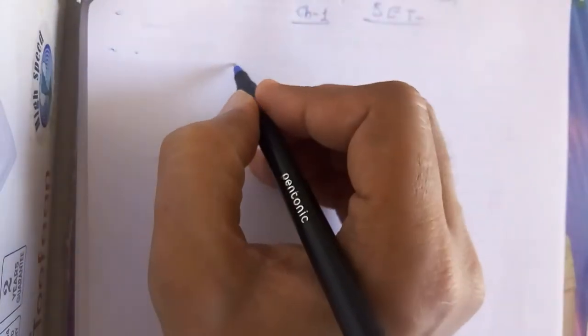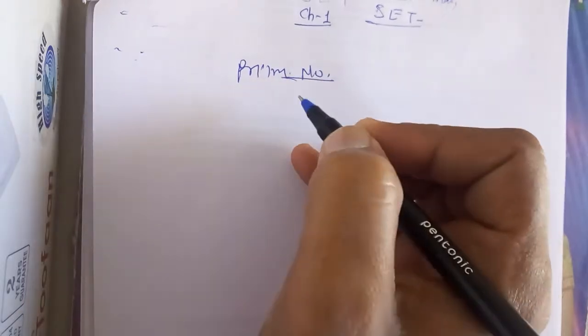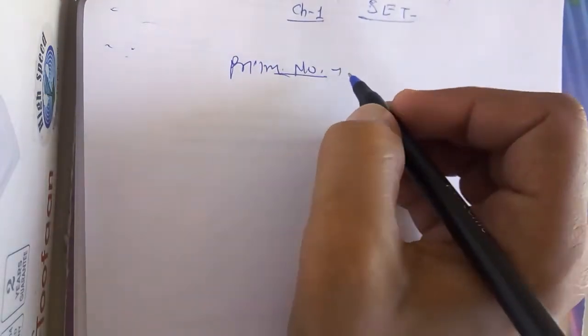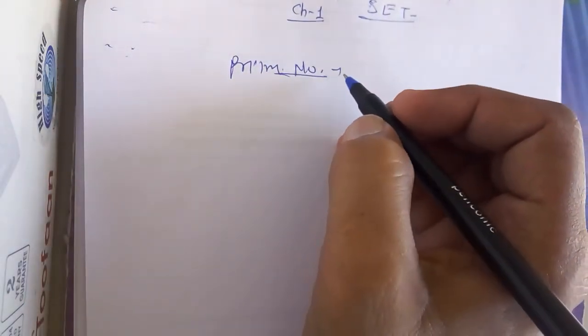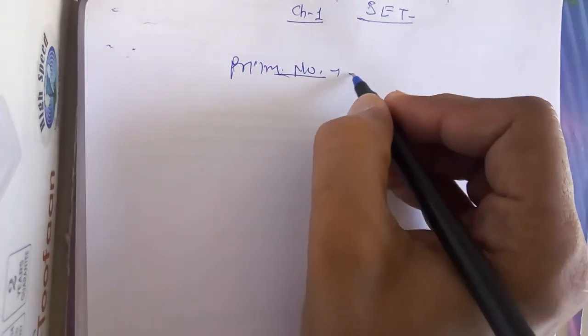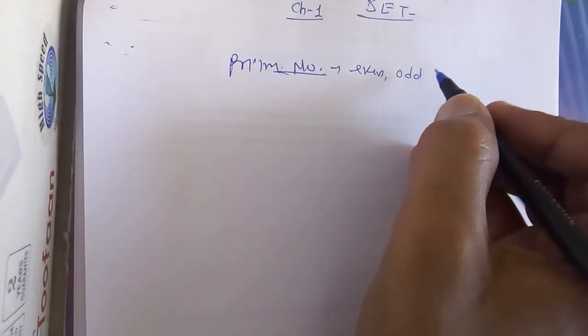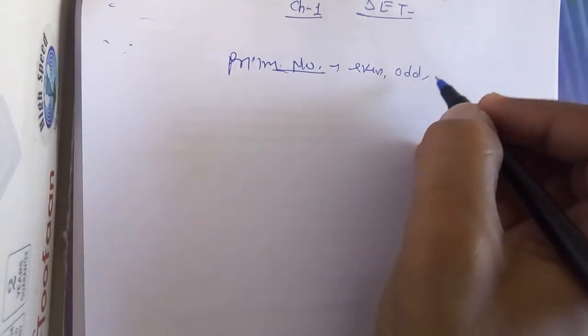And you know about the prime number. Definition of prime number: a number divisible by 1 and itself is called a prime number. Even number, odd number: a number divisible by 2 and a number not divisible by 2 are called even and odd.